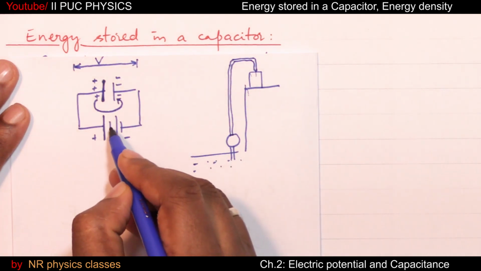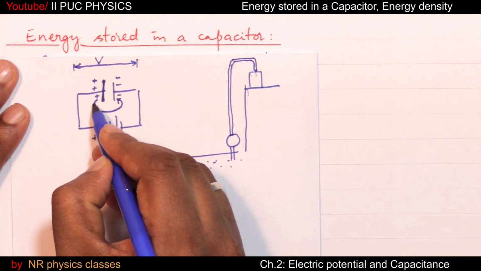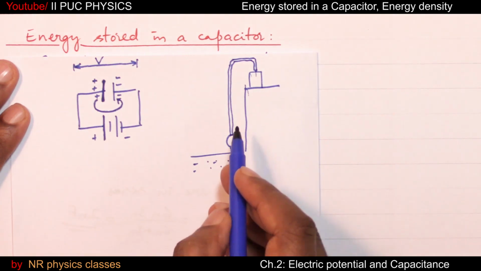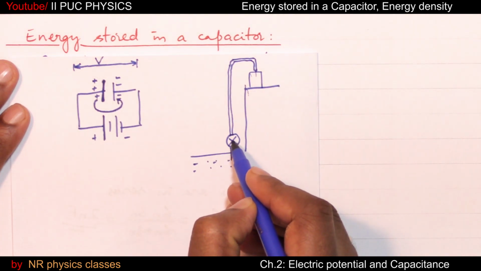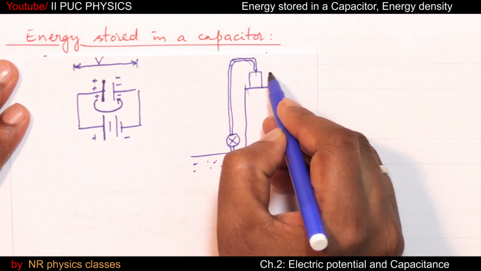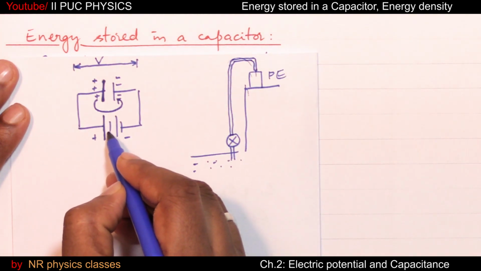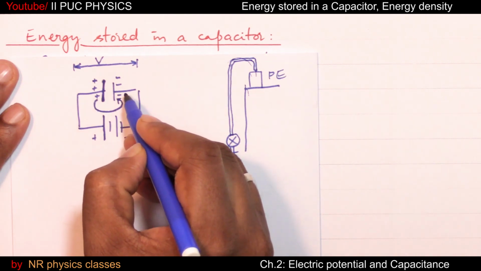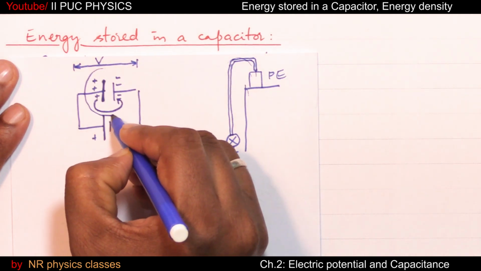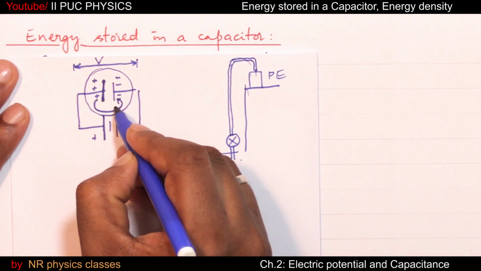Similarly, the battery is pumping electrons from one plate to another plate. Here, work done by the pump is stored in water as potential energy. In this case, work done by the battery in pumping the electrons is stored as energy, and that is the stored energy in the capacitor.